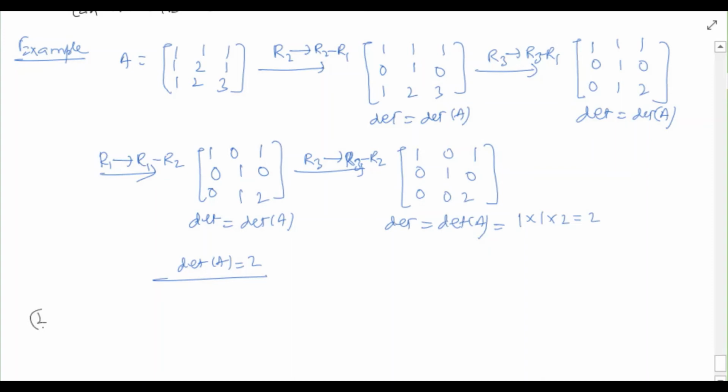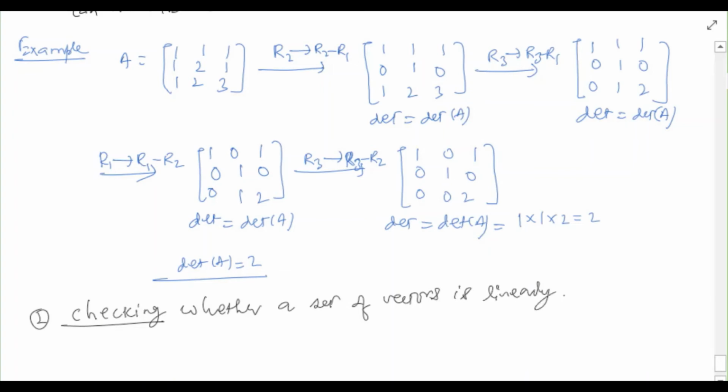The next application is checking whether a set of vectors is linearly independent.